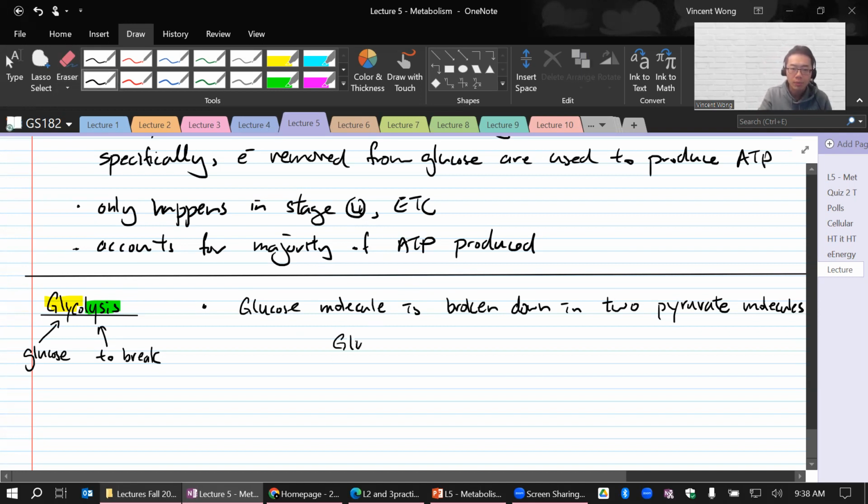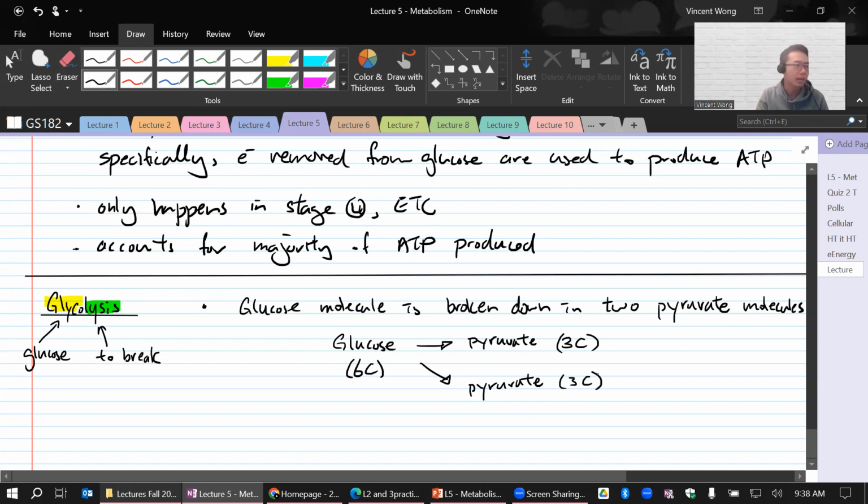Glucose becomes pyruvate and pyruvate. We already know glucose has 6 carbon atoms in it. When you break it down into 2 pyruvate, each pyruvate molecule has 3 carbons.